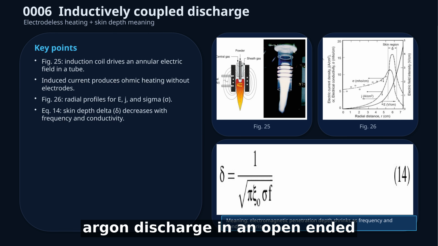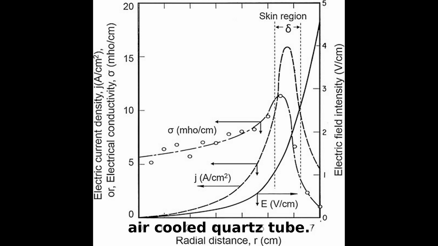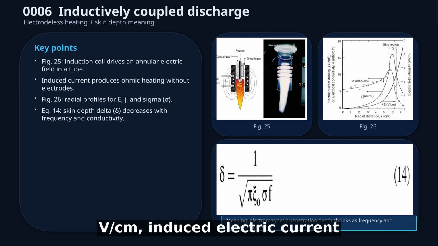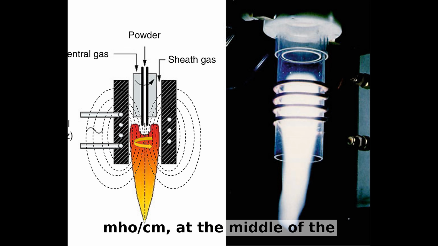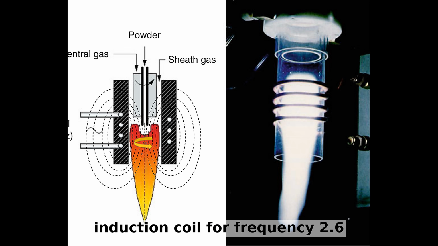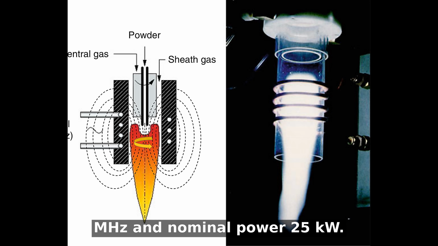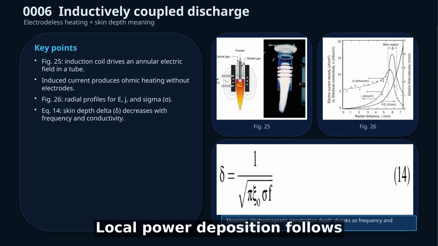Figure 26 provides radial profiles of induced electric field E in volt per centimeter, induced electric current density J in ampere per square centimeter, and electrical conductivity sigma in mho/cm at the middle of the induction coil for frequency 2.6 MHz and nominal power 25 kilowatt.